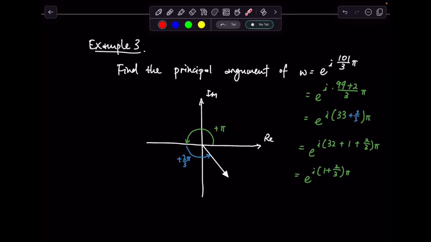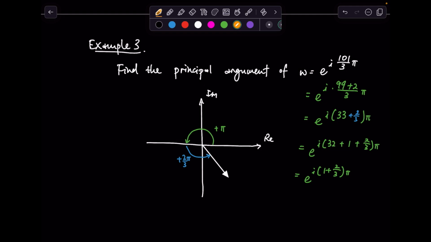The idea is that I have an angle that is bigger than positive pi, because our principal range goes from the positive real axis measured anti-clockwise to plus pi, or clockwise to negative pi, not including negative pi. So this angle is too big, it turns almost one full round. So our principal argument would be to turn the other way.